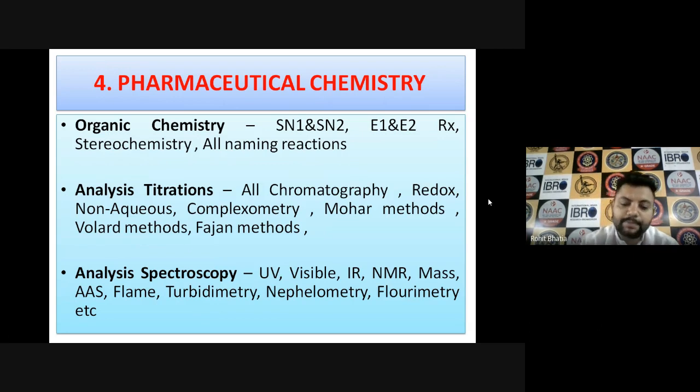In spectroscopy, all spectroscopy should be known to you, their principles, working, and instrumentation, like UV visible spectroscopy, IR spectroscopy, NMR spectroscopy, mass spectrometry, atomic absorption spectroscopy, flame photometry, turbidimetry, nephelometry, fluorimetry, etc.